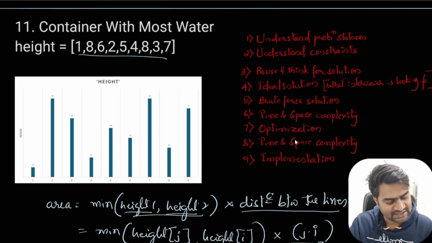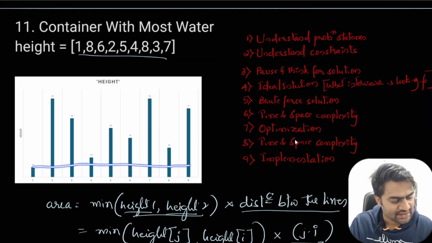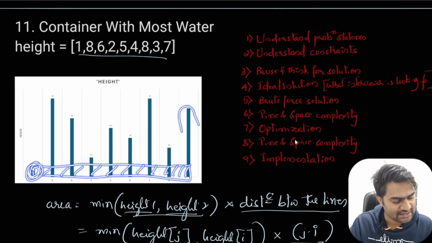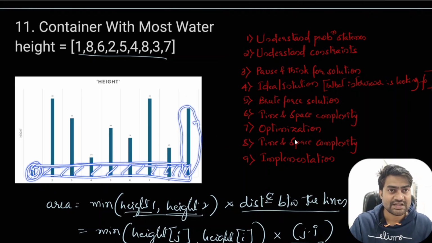Since this is the minimum value, if I try to find the rectangle, it will be something like this, correct? That's why we will take this minimum value out of this line and this line. Now we consider the distance between them and we try to find the area.